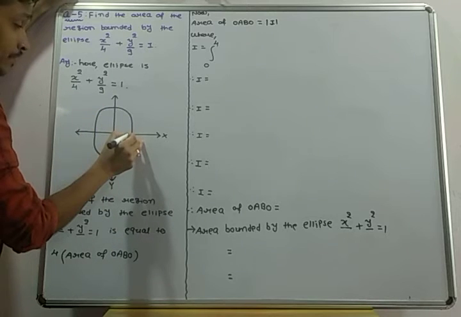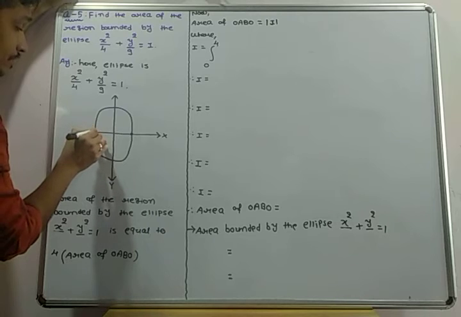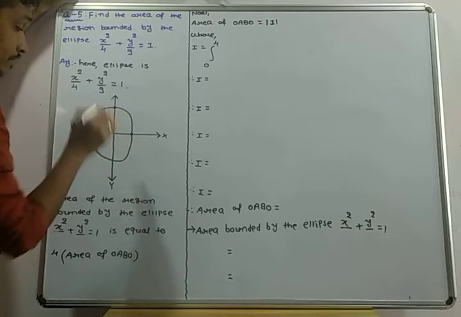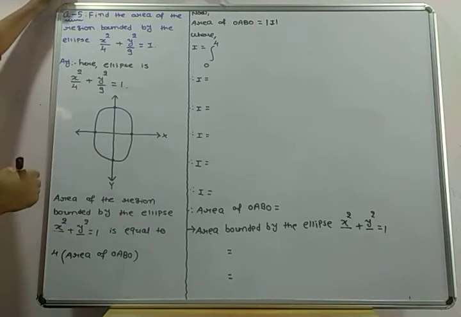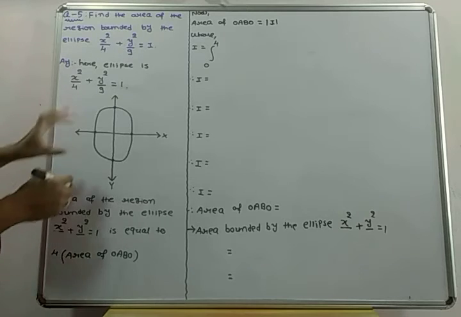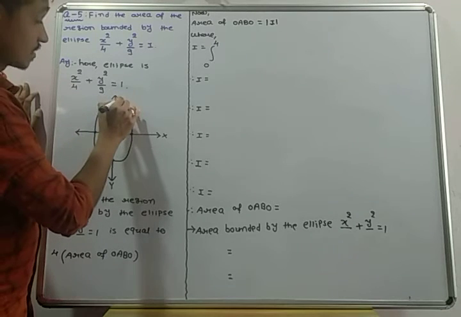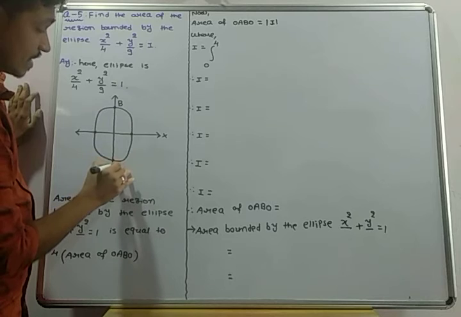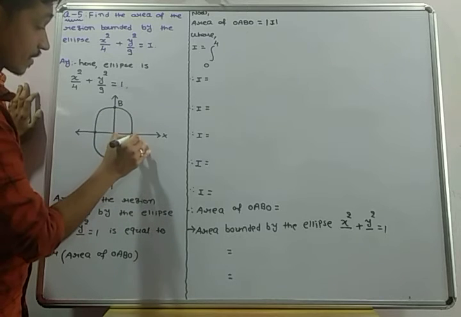Points same. But this is the major axis BB dash, so here you have to write BB dash, and here A dash.